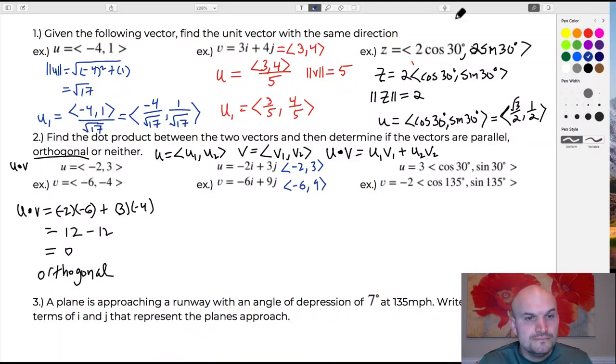So the dot product here, u dot v, is going to be -2 times -6, plus 3 times 9. Oops, what am I doing? 3 comma 9, that doesn't make any sense. 3 times 9.